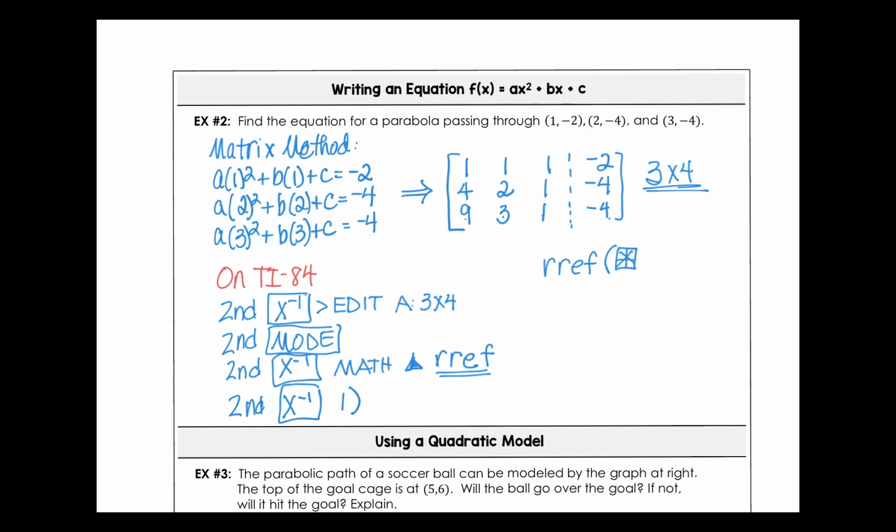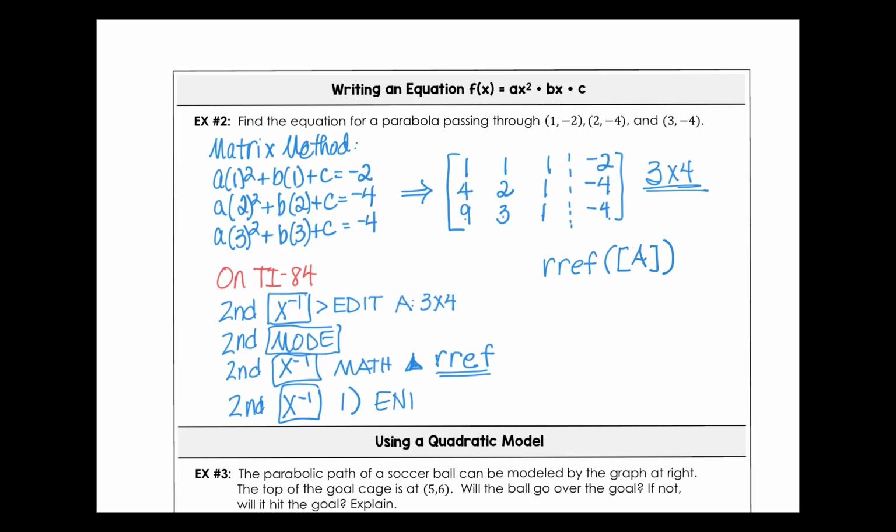So you press number 1 and the blinking cursor stops and it places the letter A, or matrix A, right here. It'll look just like that. And then you press enter.